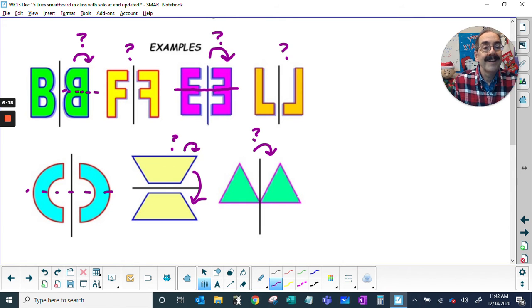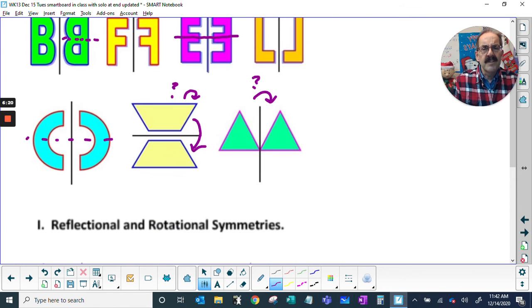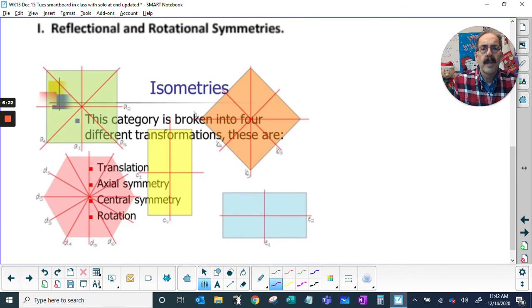So different shapes, different ideas. The actual vocab word is called isometry, where it is symmetrical upon itself. So I'm symmetrical right to left. But if I spin, how far? Or if I rotate, how far?